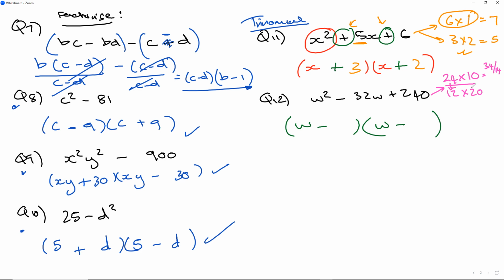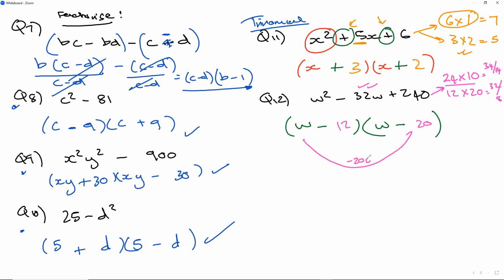So what did I do? I halved this and I doubled it. 12 times 20 is going to become 240. And if I add it, it'll become 32, and I think I should check both there. And if I subtract them from each other, the minimum I can go is 8. Definitely need 12, and I definitely need 20 there.